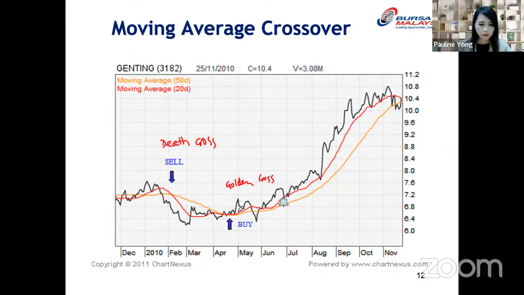A golden cross means the 20-day crosses above the 50-day, that is a buy. And this is for medium term trade or investment. So this is called the death cross, and this is the golden cross.